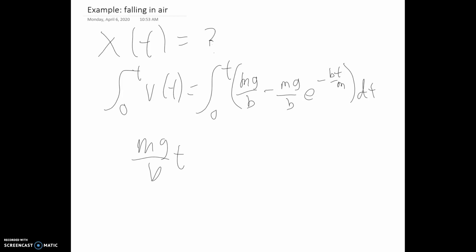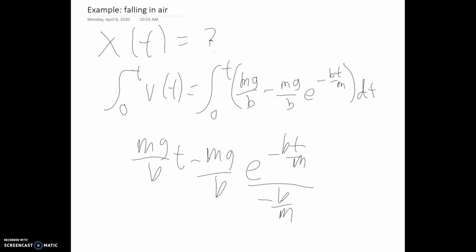And then I'm going to integrate the second one. Well, the integral of e to the u is just e to the u over u. So I'm going to have negative mg over b e to the negative bt over m, divided by negative b over m.